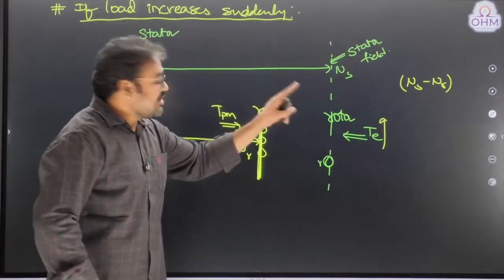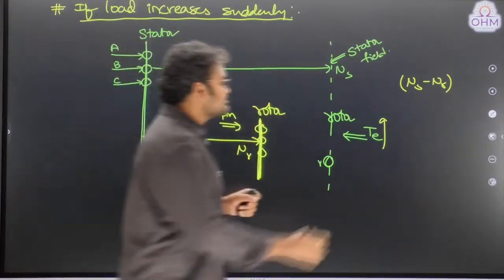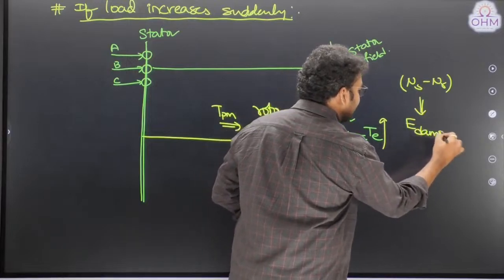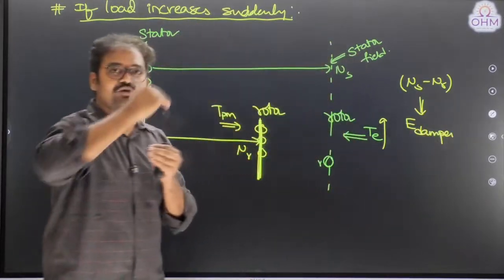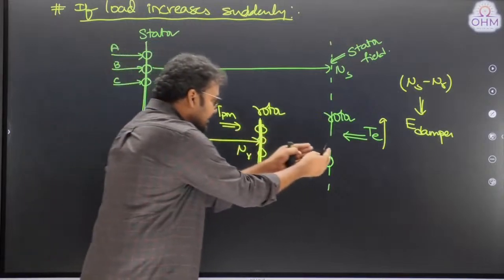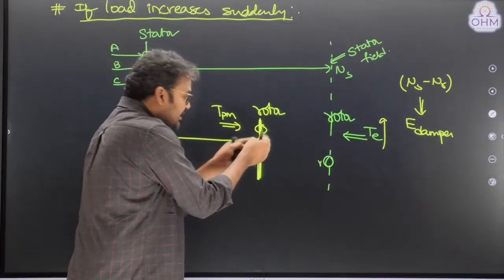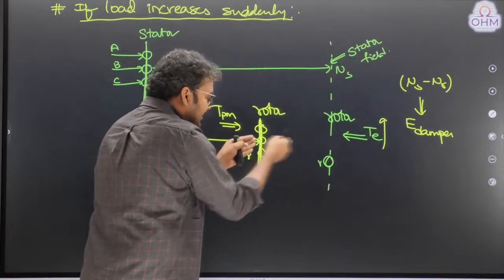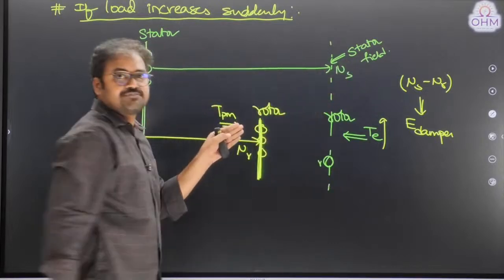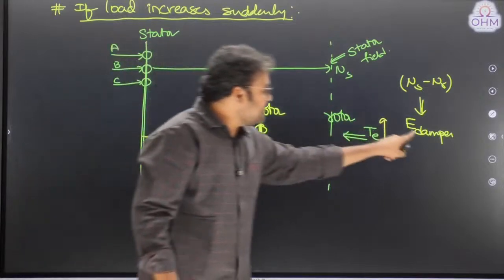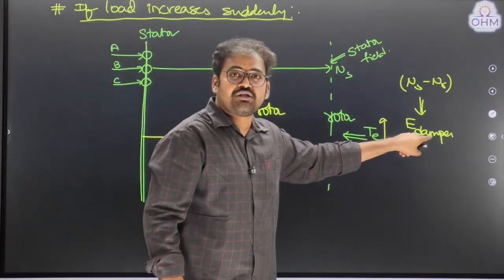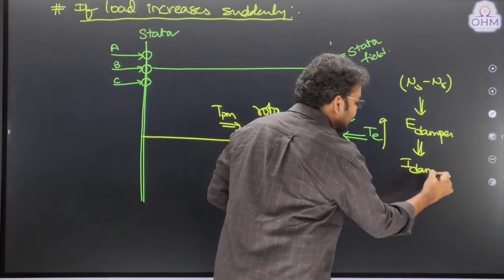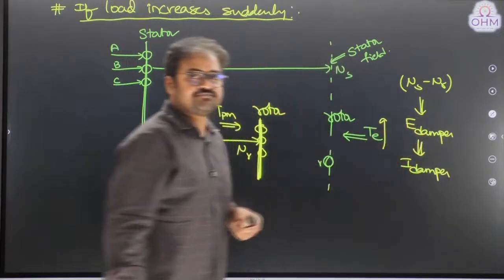Because of this relative speed, what happens? An EMF will be induced in the damper winding. Remember, damper winding is on the surface of the rotor. The rotor is rotating at a speed less than synchronous value, which creates a relative speed between the stator field and rotor conductors, NS minus NR. Once EMF is induced in the damper winding, current circulates in the damper winding, because the damper winding is a closed circuit.